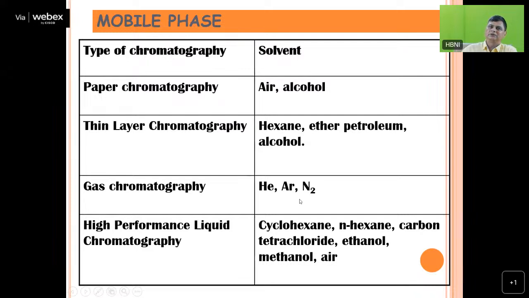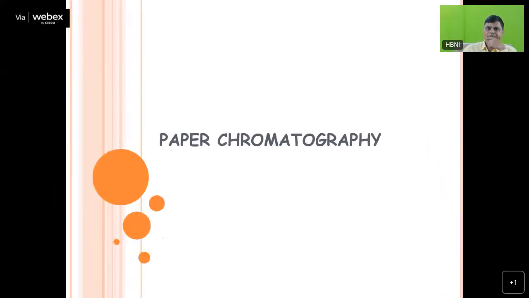That's why, as I told you, one of the unique advantages of gas chromatography is that your analyte does not interact with the mobile phase. Then in high performance liquid chromatography, cyclohexane and hexanes, carbon tetrachloride, ethanol, methanol, and even water also. We'll now see some details about paper chromatography.